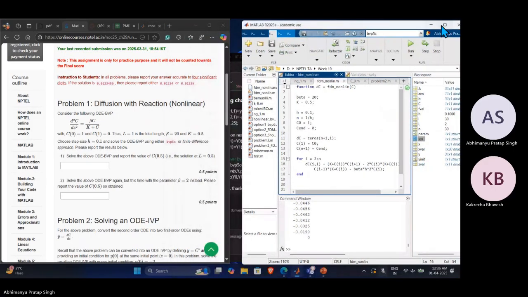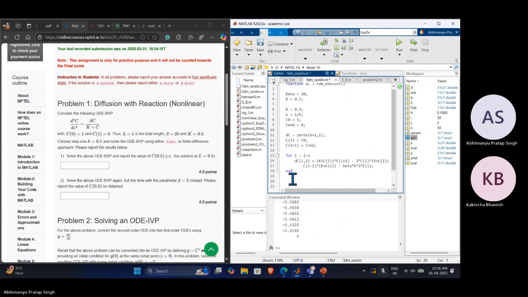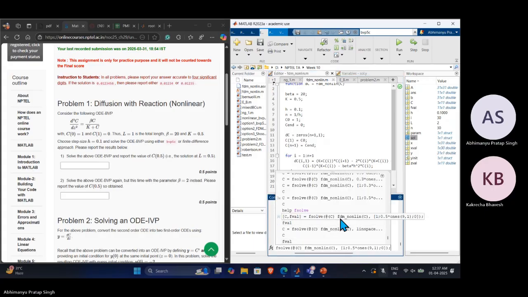So basically we know that it goes to zero.